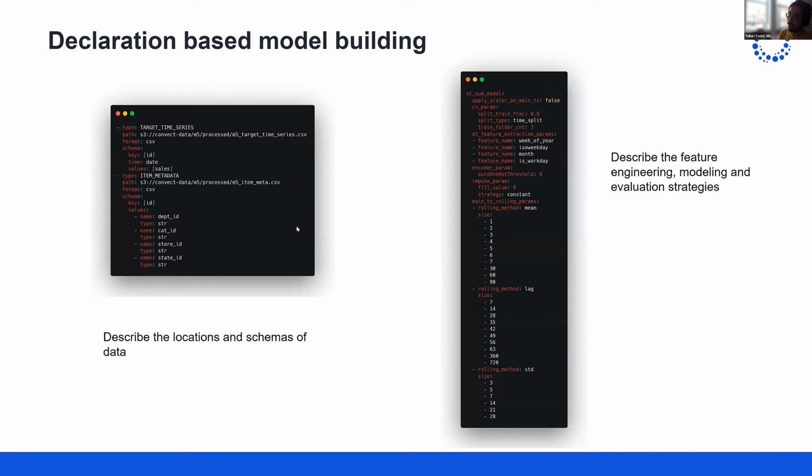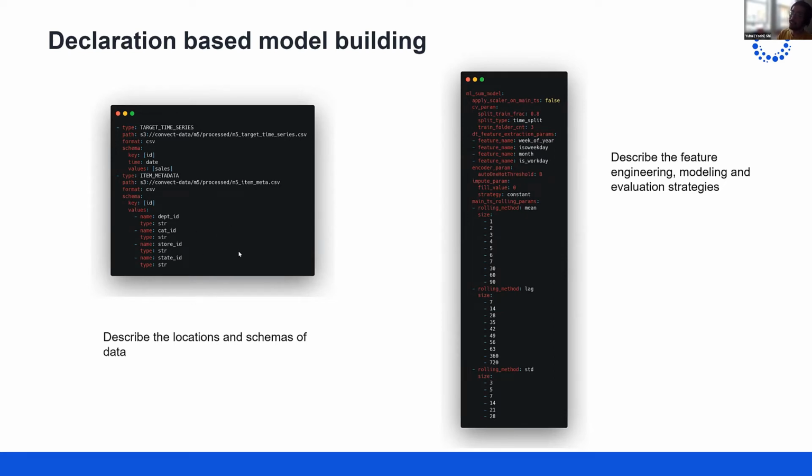Then I'm going to talk about more details. The first thing we mentioned before is that we designed the model building process as a declaration-based process. What I mean here are two critical things. One is we want our data scientists to declare the characteristics of our data set.